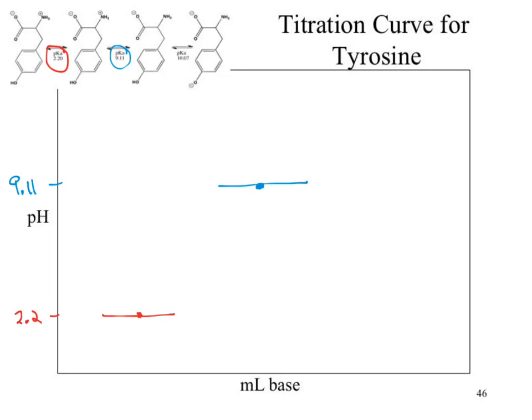Okay. Do I have another pKa? At 10.07, using very rough approximate lines, I have another pKa that I could establish. How do I connect those values? This whole line.